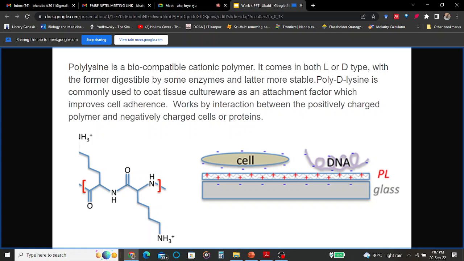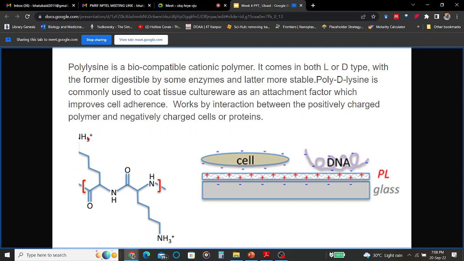Actually, poly-lysine is a group of amino acids, and under physiological conditions, these poly-lysines become protonated. There are two nitrogen atoms, as you see in this schematic, in this picture.